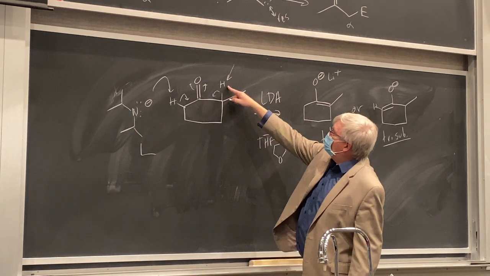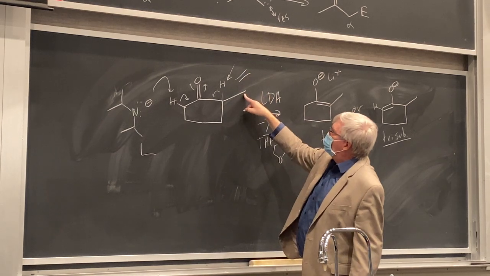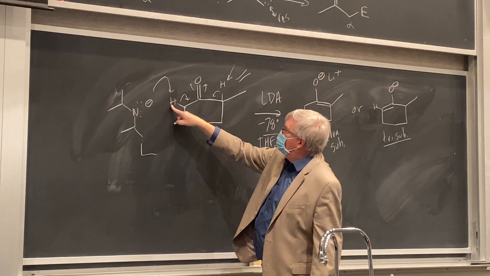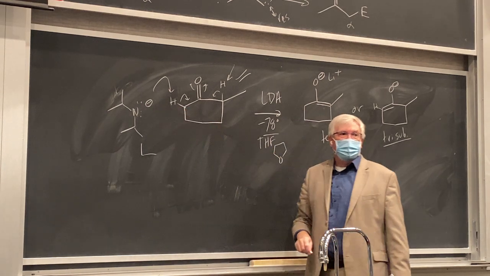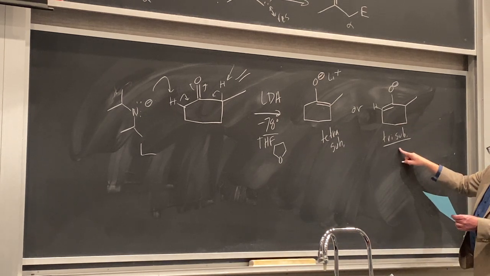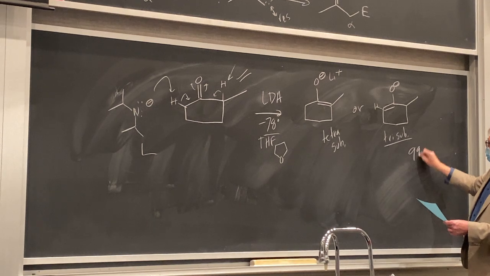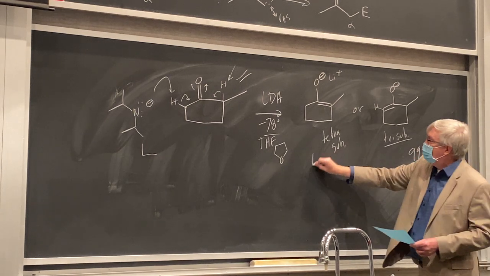How easy is it to get in here past this methyl group versus getting in on this side, where you just have the two small hydrogens, okay? So in this case, with LDA, this is 99%. This enolate at low temperature, 1% here.